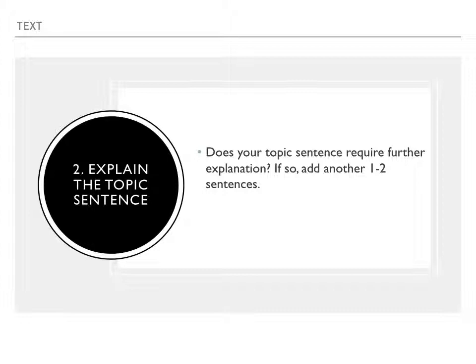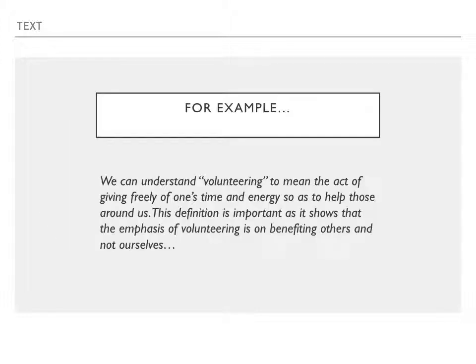Number 2, does your topic sentence require further explanation? Sometimes the topic sentence can be slightly vague and it needs to be fleshed out a little bit more in a following 1 or 2 sentences. So for example, I might want to talk a little bit more about that word volunteering.